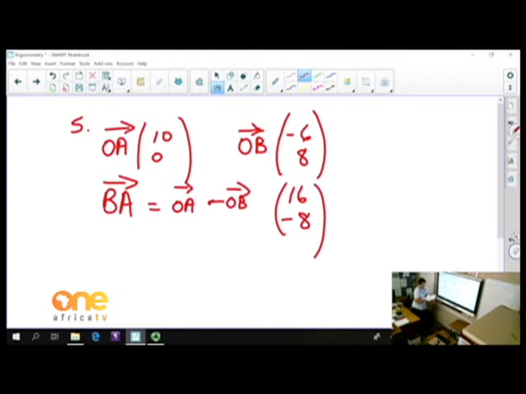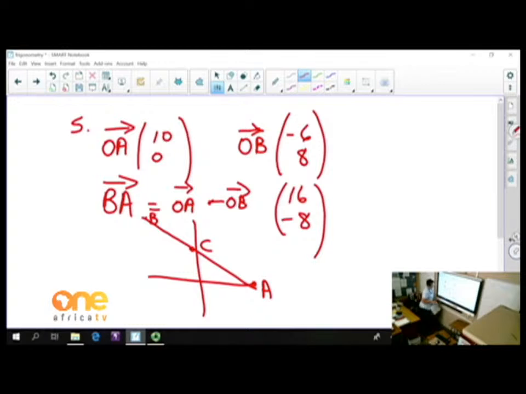There's my column vector. Then they say, find the position of C, the midpoint of BA, and they also say, draw the picture. So if we draw a picture here, this one is 10, 0, so that's probably A, and OB is then negative 6, positive 8, so this is B. And they say C is the midpoint here.